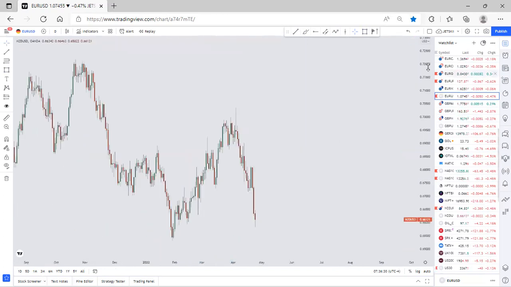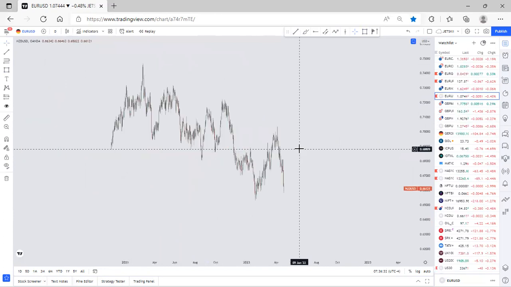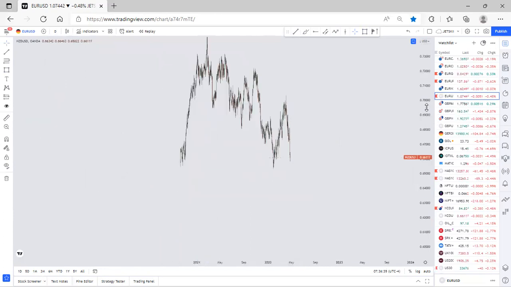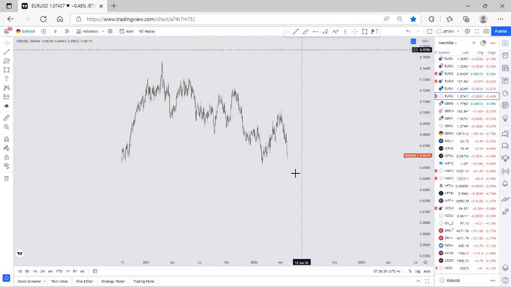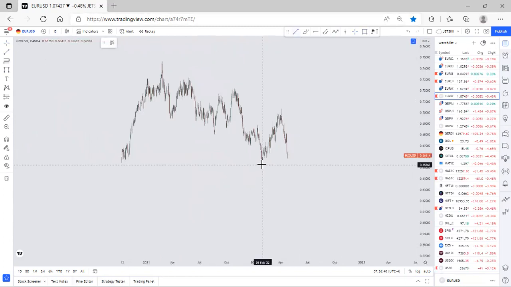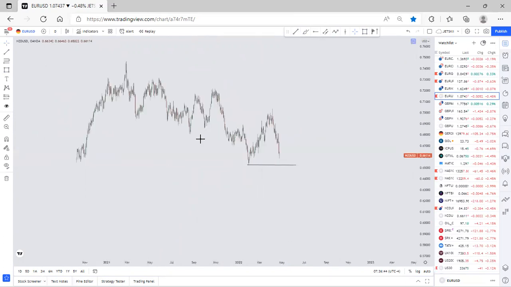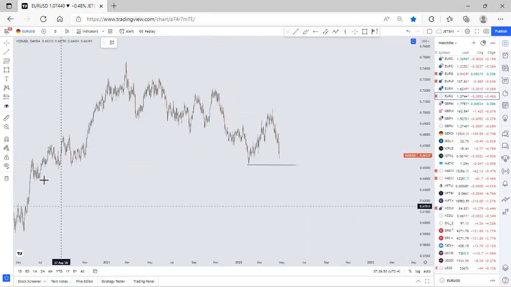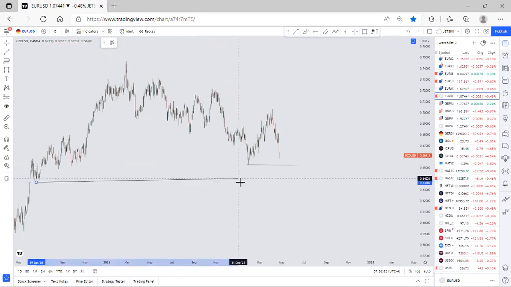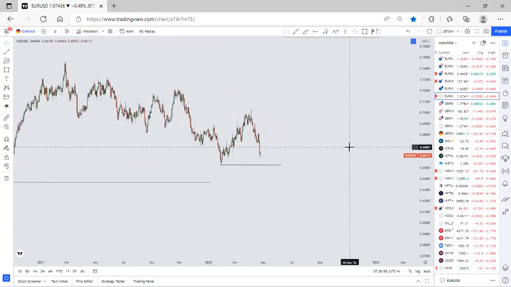NZD, same thing. This one, I even want to see it going. This one is coming even here for sure. And I think in my group, we're even expecting it to trade even lower below these levels. It's going to go even lower there, right?